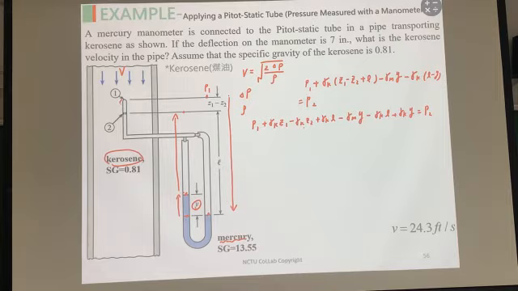Okay, then we take a look: some items can cancel out.